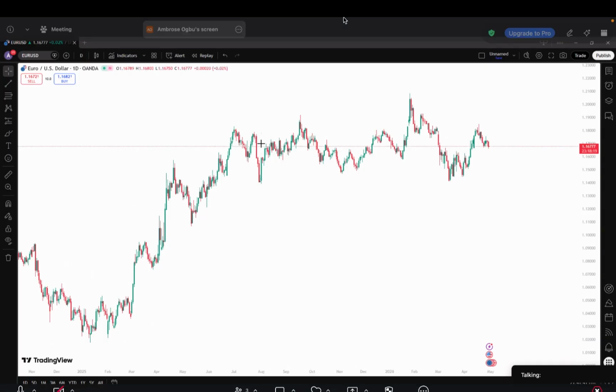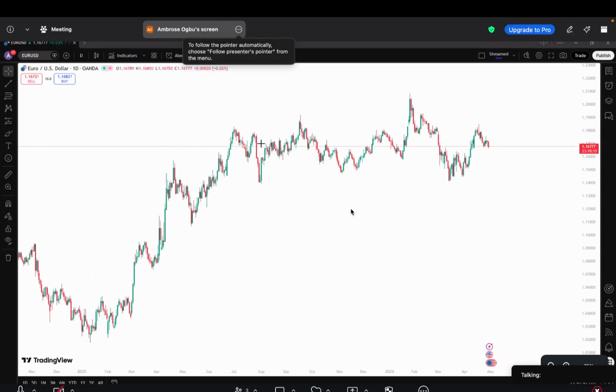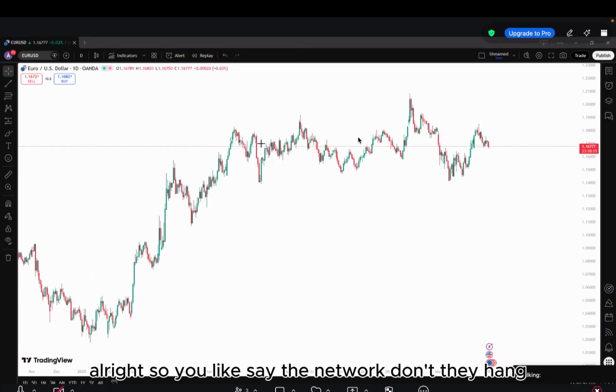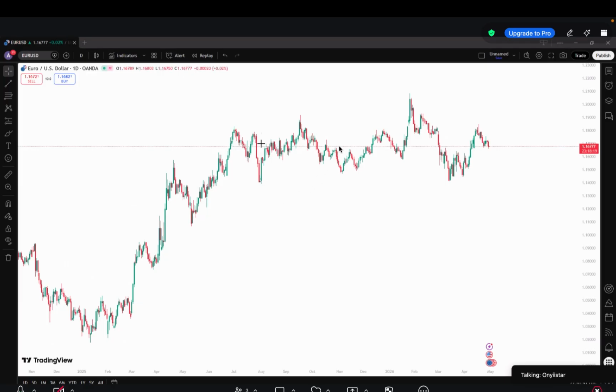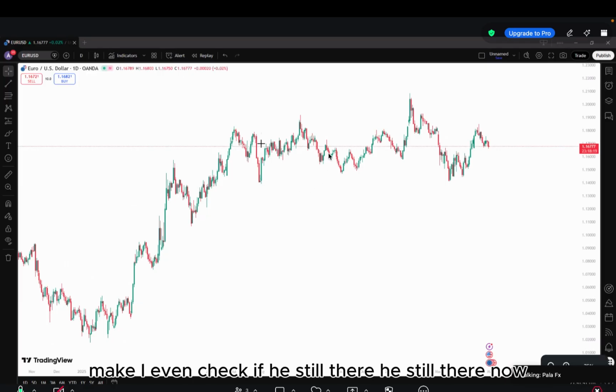Blessing, network on the laptop. All right, so you better say the network doesn't hang. Let me even check if it's still there. It's still there here now.